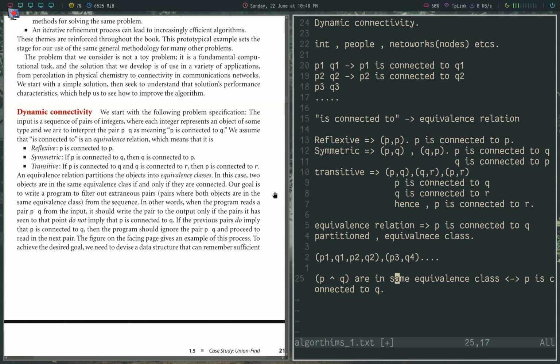So from this, what we want exactly is that our program should read a pair of P and Q from the input.